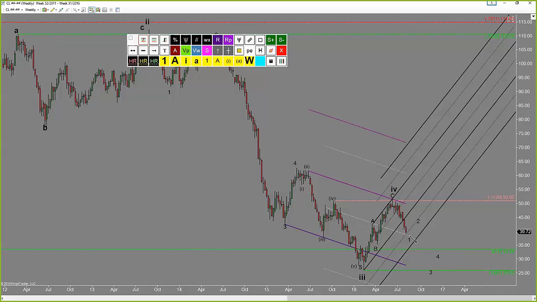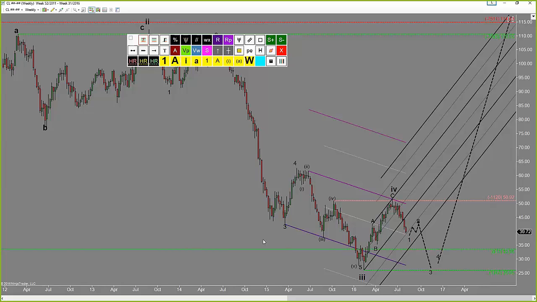And then we'll have a nice 4 or 5 week correction back up, hopefully to about 45 or higher. And then we'll come way down real fast. We need to break this low or come down below 30, maybe do a little truncated 5th or something. And then the bull market out of this is going to freak everybody out.